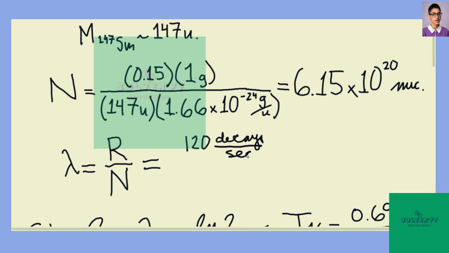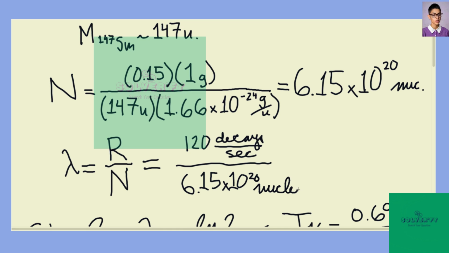Divide that value of R by our 6.15 times 10 to the 20th nuclei, and we get a value of 1.95 times 10 to the negative 19th.